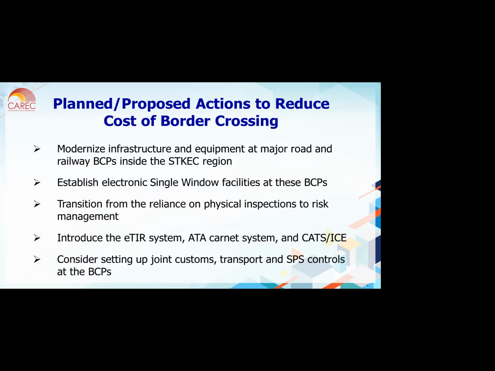In the midterm and in the long term, the countries of the region could consider the implementation of a joint control system at the border crossing points. In particular, joint customs control, transport control, and sanitary and phytosanitary control.